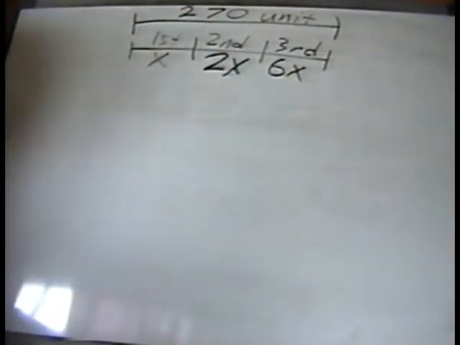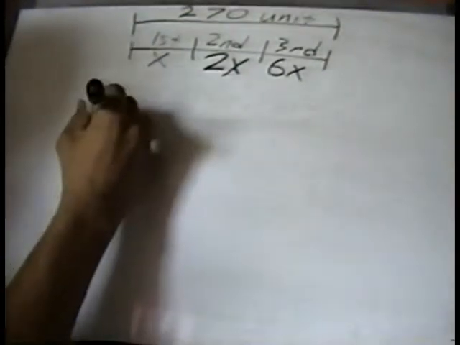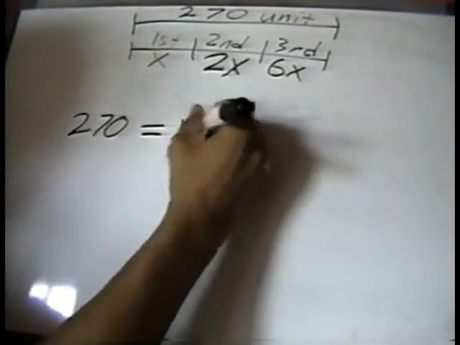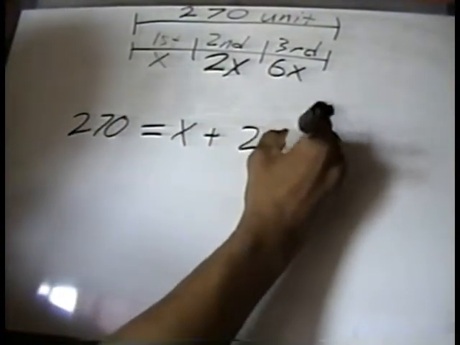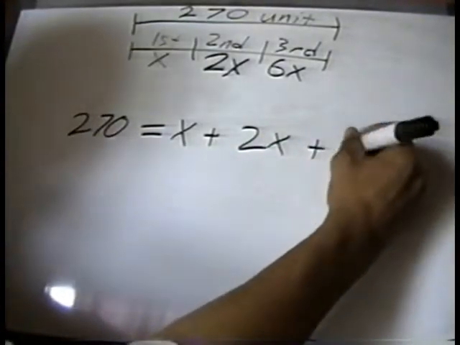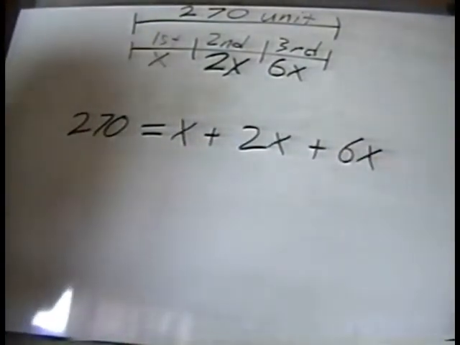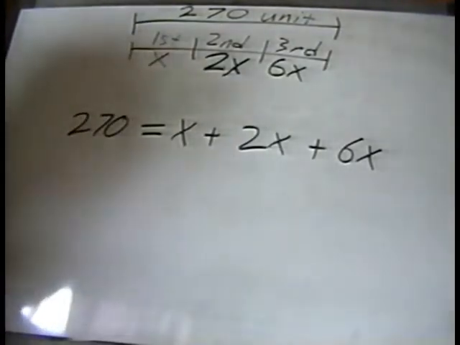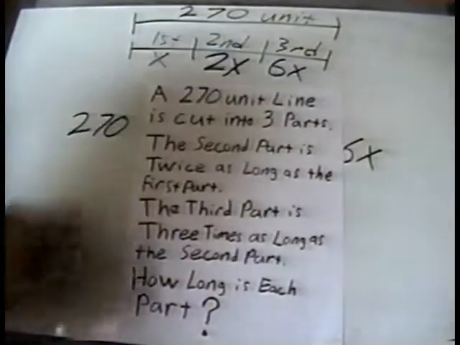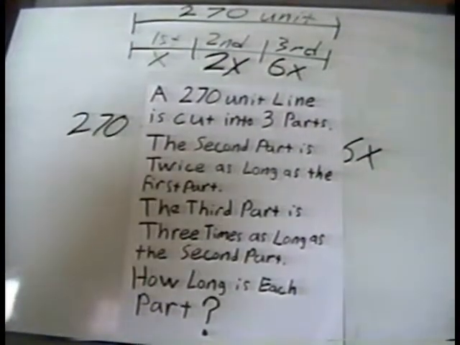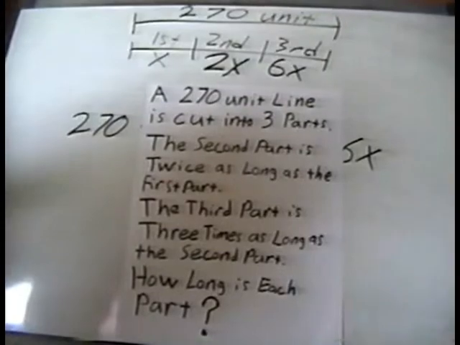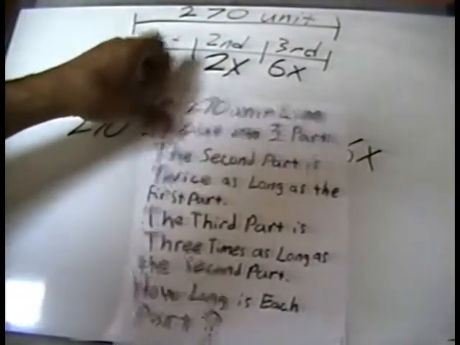Okay, so here we put 6x. Now we have 270 equals x plus 2x plus 6x.